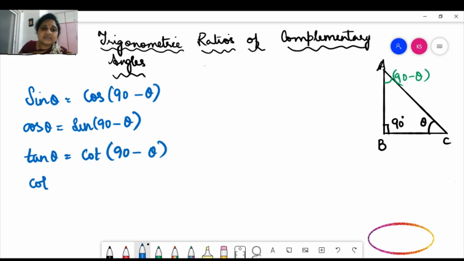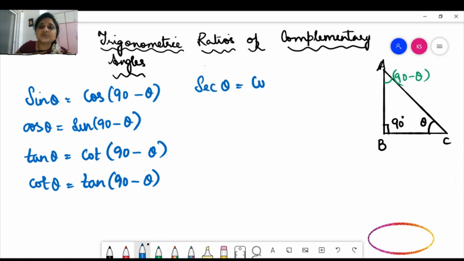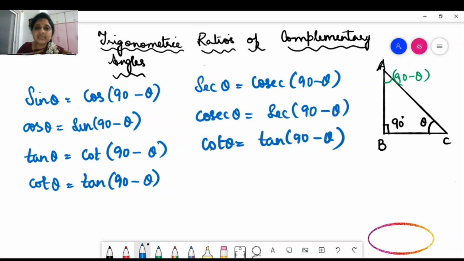And cot theta is equal to tan of 90 minus theta. Similarly, we saw that secant theta is equal to cosecant of 90 minus theta. And cosecant theta is equal to secant of 90 minus theta. Okay. So these are the 6 relationships that we saw now, right?